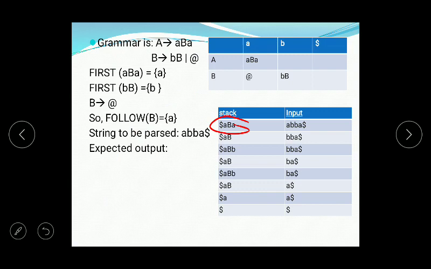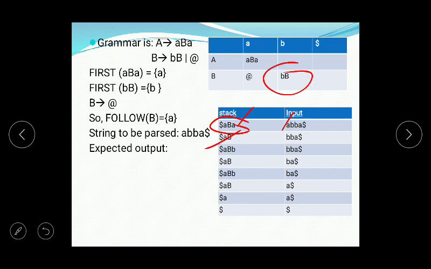Now what happened? Top of the stack A and input A have been checked. Both are the same. Stack is decremented and input is incremented, that is, we are considering the next input B. Now B on B is BB. Once again, the production has been copied from the table to the stack after popping this B from the stack.